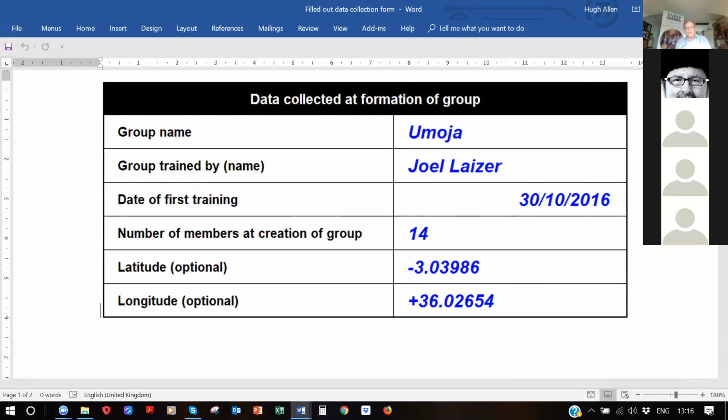I was saying to you that if you move over to using the handheld, the mobile phone application, latitude and longitude is integrated into that, so you don't have to type in the numbers with the risk that you'd make some mistakes. But you'll notice it's optional, so you don't have to do it. And we don't recommend that you do it when you're writing data into the data collection form.